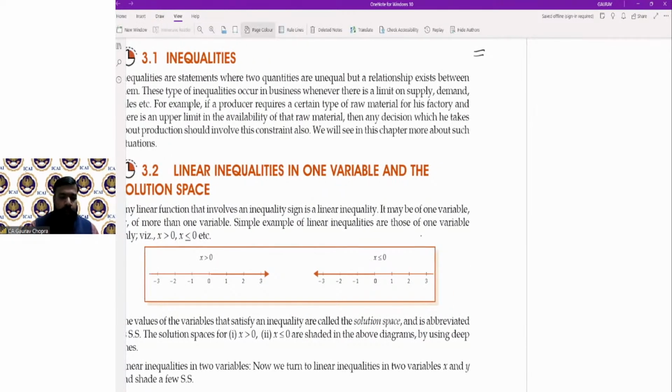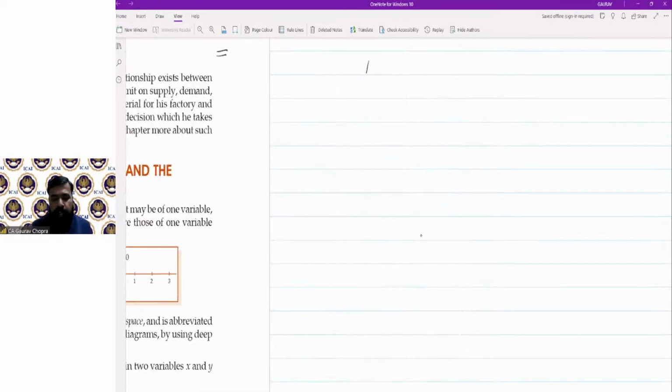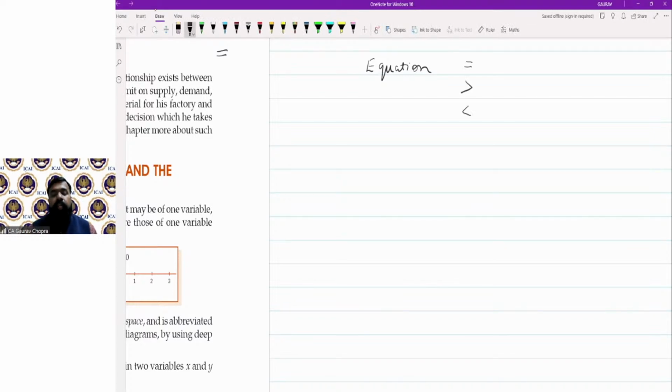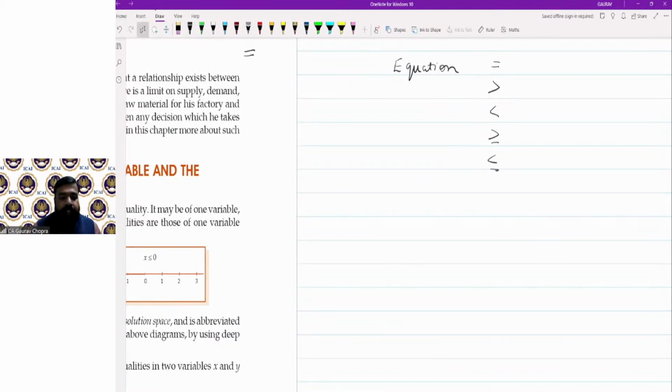Whenever there is an equation, we put an equal to sign. And in case of inequality, we use greater than sign or less than sign, greater than with equal to, and less than with equal to. All these signs are used. So let us write the name of all these signs.